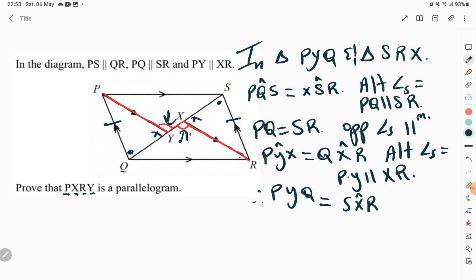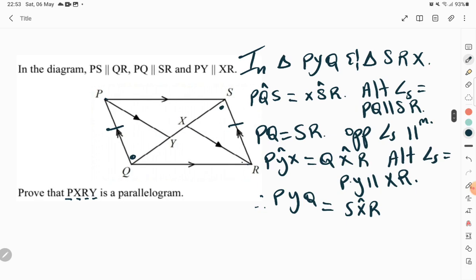For example, if this could be 100, this one and this one is also 100, then this one has to be 80 so that it maintains the straight line, and this one has to be 80 so that it maintains the straight line. So if these angles are equal to each other, then these ones have to also be equal to each other, because these are the angles on a straight line.